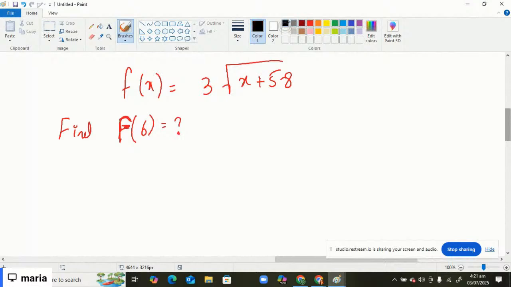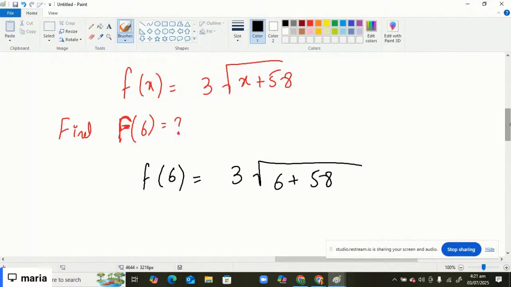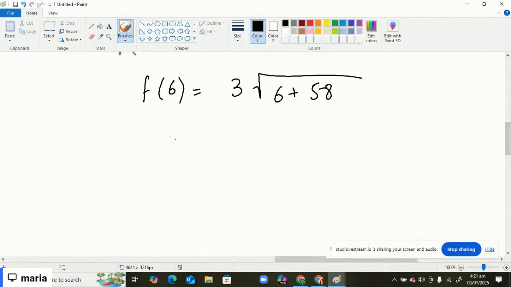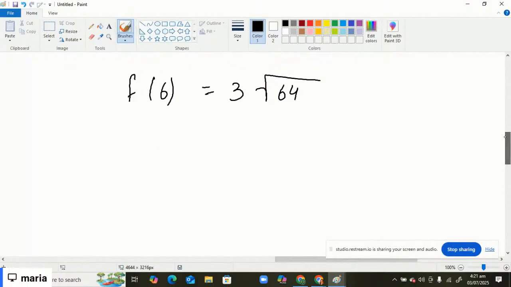Now in place of x, just putting 6. F of 6 is equal to 3 into the square root of 6 plus 58. Now just add up. 58 plus 6 is 64. Now again it's the same thing. 8 times 8 is 64.